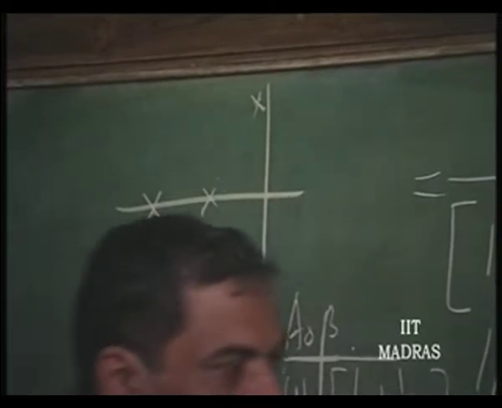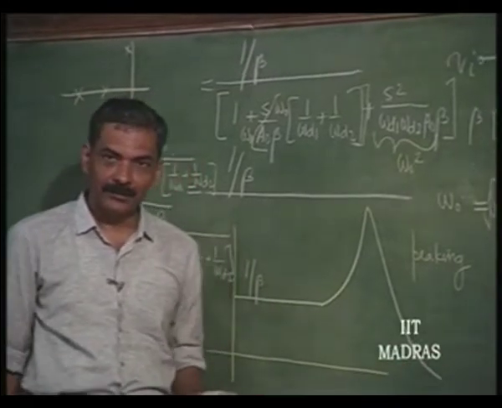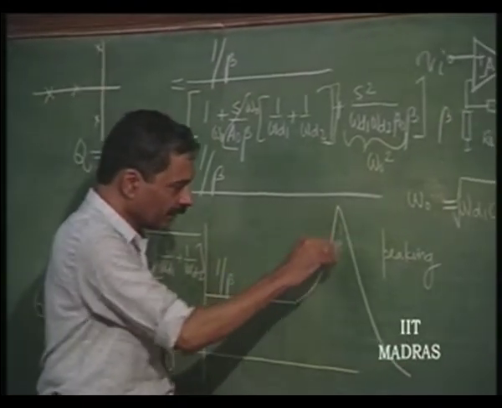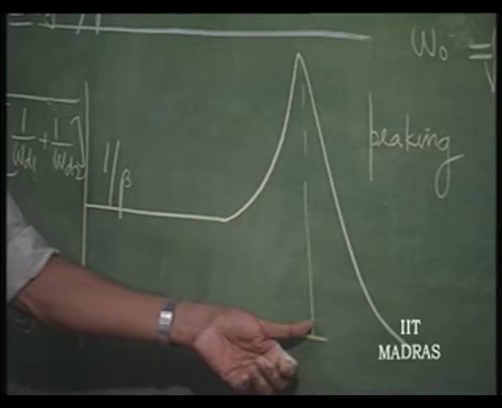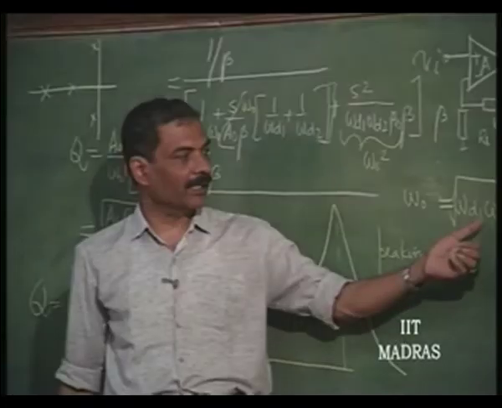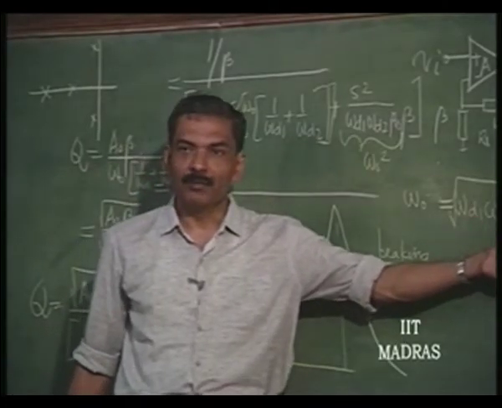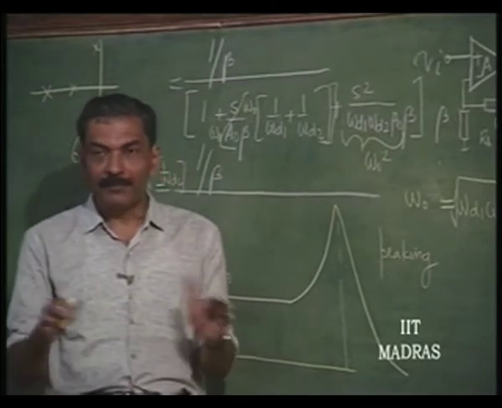That is why there is going to be peaking, right. There is a resonance effect at a frequency which is very nearly equal to root of omega d1 omega d2 into A naught beta, of the type we have understood.